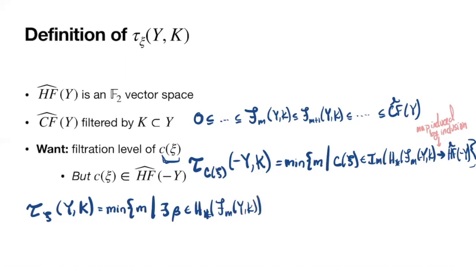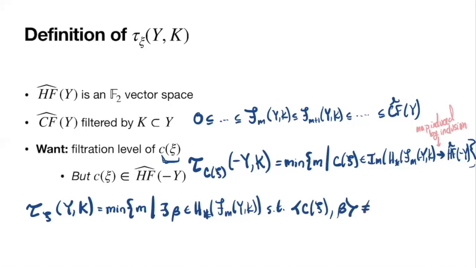So here I'm looking at the filtration induced by K in Y, not in minus Y. So the minimum for which there exists a beta such that if I look at the pairing between the contact invariant and beta, I get something non-trivial. So what is this pairing?